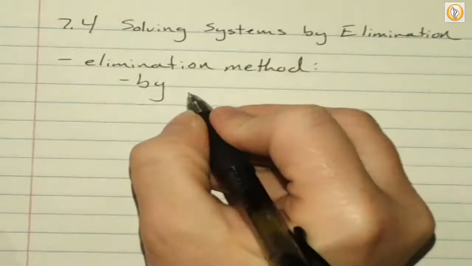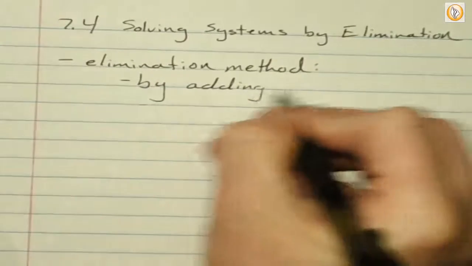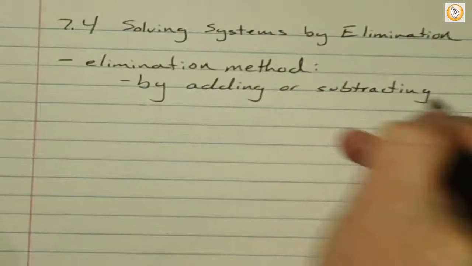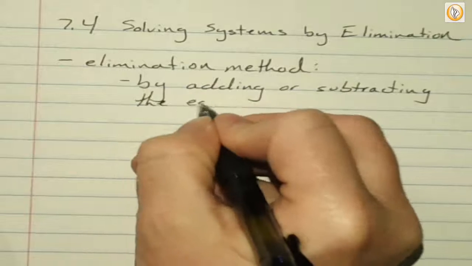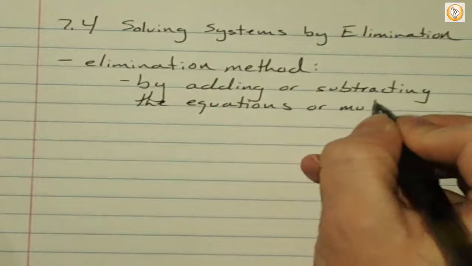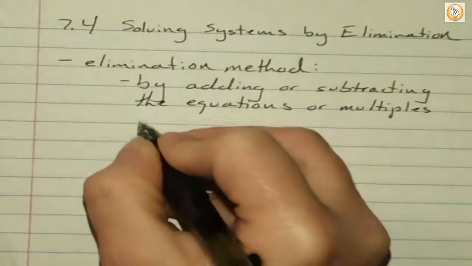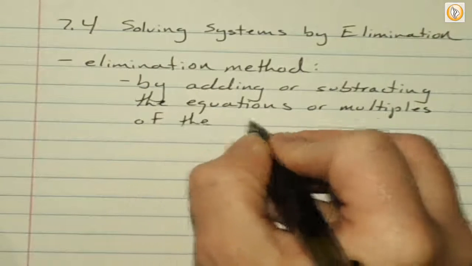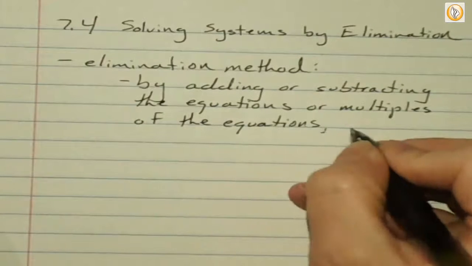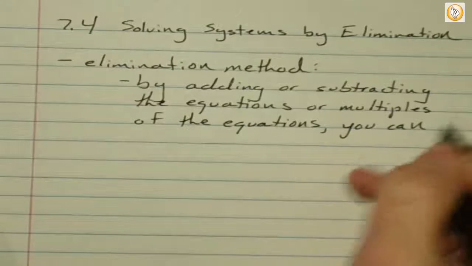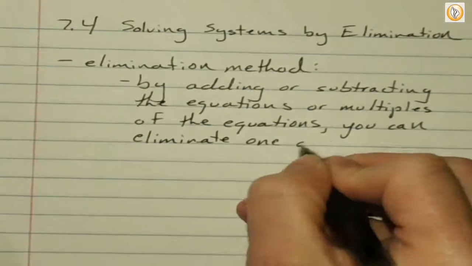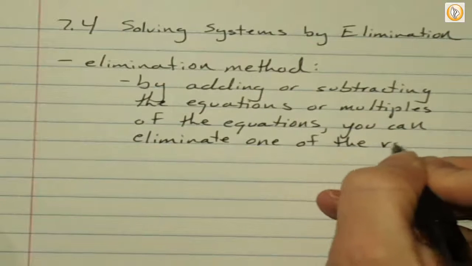Elimination method by adding or subtracting the equations or multiples of the equations, you can eliminate one of the variables.